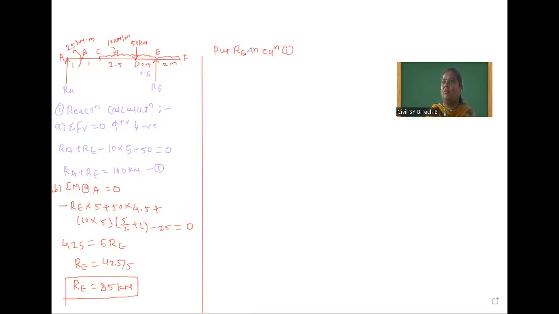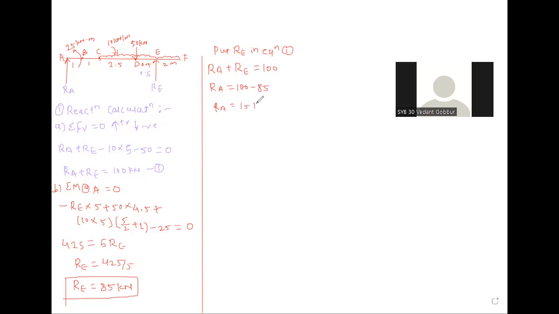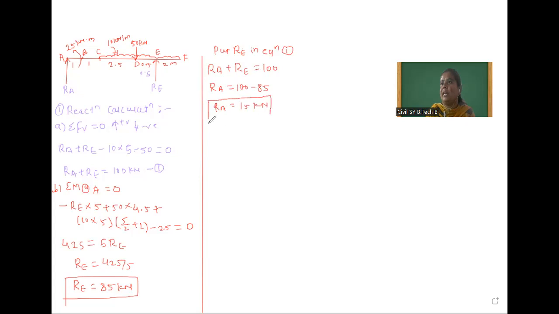Our equation 1 is RA plus RE equal to 100. So RA is equal to 100 minus 85. So simply, RA is equal to 15 kilonewton. Now we got the values of RA and RE. We will move towards shear force calculation. So RA is 15 and RE is 85.